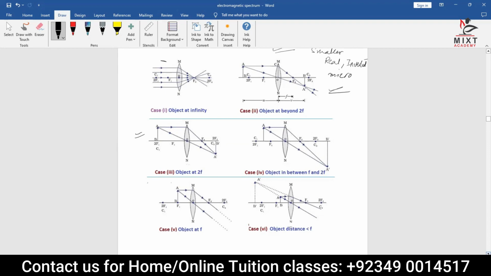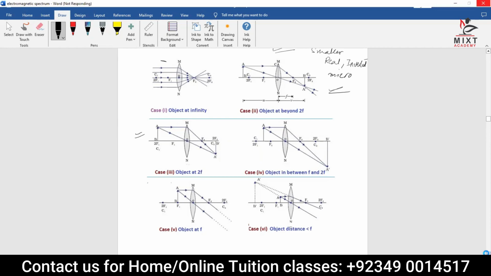One case is when the object is placed at F. One case is when the object is placed between F and optical center. One case is when object is placed between F and 2F. One is beyond 2F, and one is at 2F. When object is placed beyond 2F, image will be formed between F and 2F.